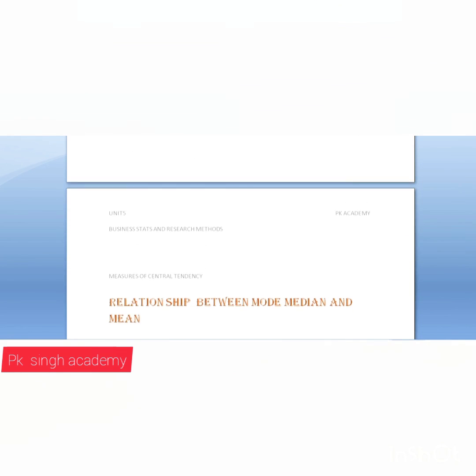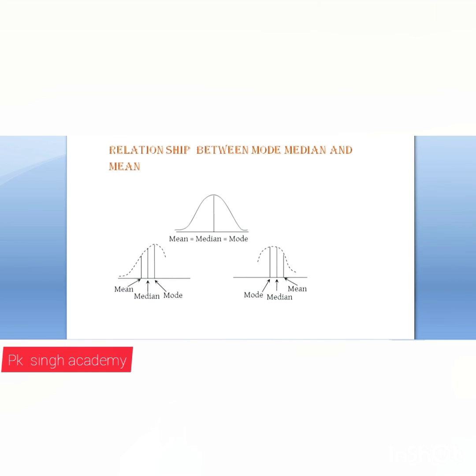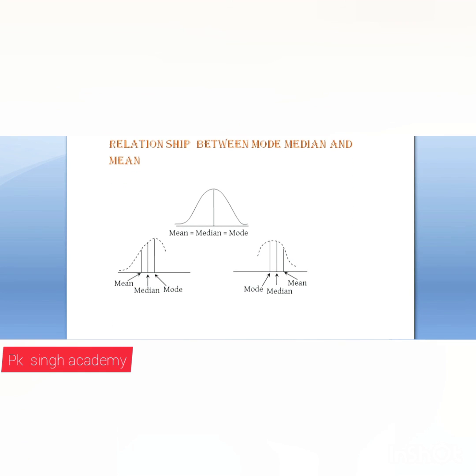Now we'll see the relationship between mode, median and mean. I have explained it earlier, but let me explain here. This is a normal distribution, meaning both sides are equally divided, or symmetrical, and here mean is equal to median is equal to mode.